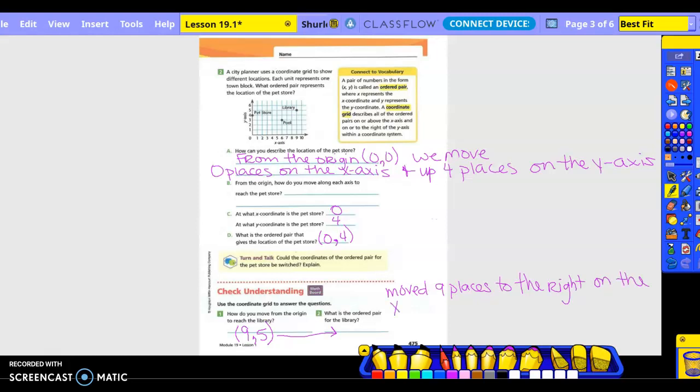On the x-axis. And how many places up? 5 places up on the y-axis. So this all goes to this question. There we go.